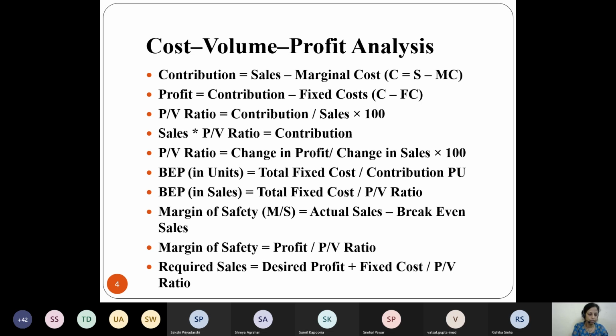There is no profit, no loss situation. You must reach break even point, otherwise you will be in the situation of loss.